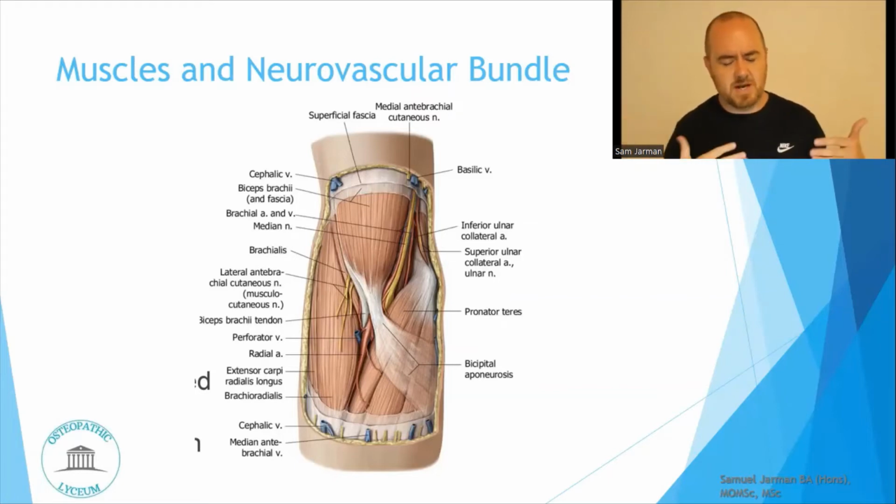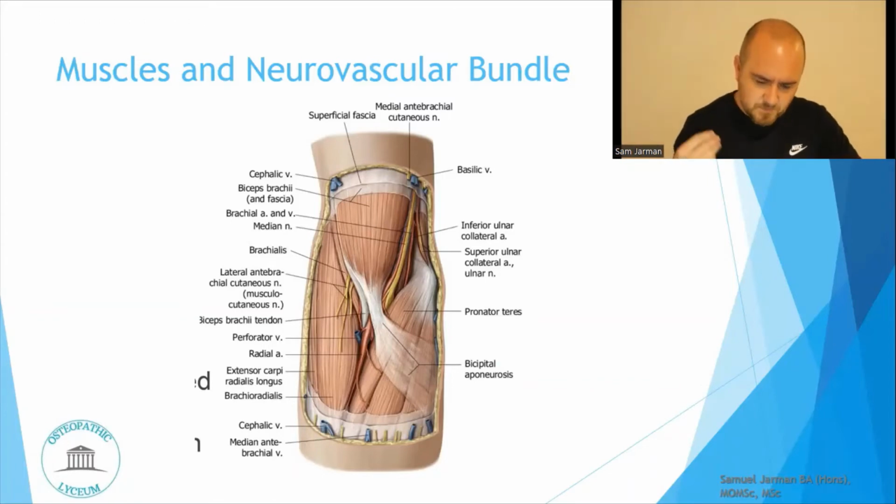Then you're going to have primarily the brachial artery feeding the biceps, and I believe also the brachialis, and then you're going to have the radial recurrent artery giving blood to the brachioradialis, and I believe some contribution of blood to the biceps brachii, especially as you get down lower.